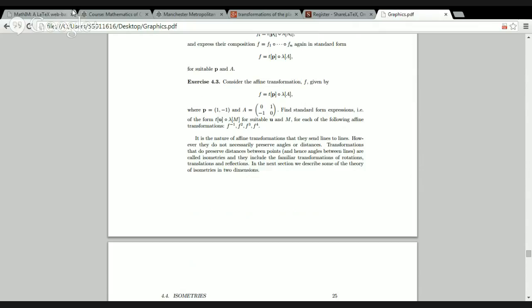So what happens when you compose these two isometries? When you run them together. Now we consider the absolute value of f after g applied to some vector x minus f after g applied to some vector y.